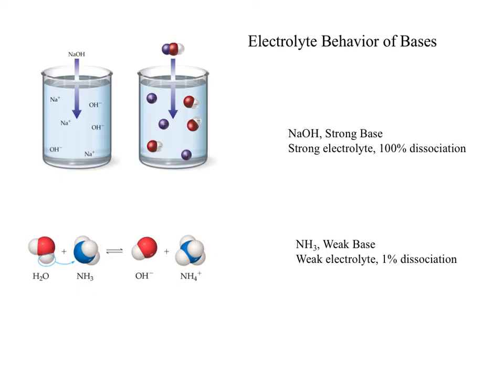This is very different. This is NH3. And water has that hydrogen here. That hydrogen comes off in the form of H plus and comes right over here and makes a bond, and you end up with NH4 plus.